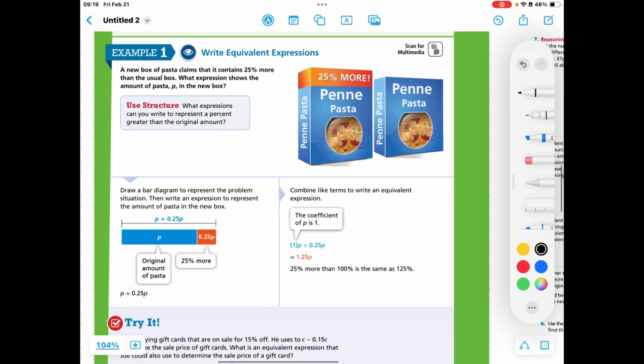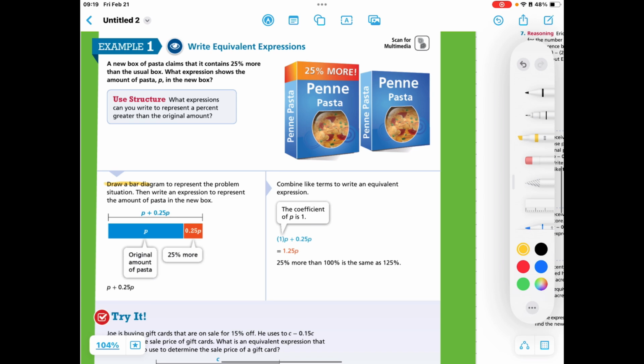So the very first thing that they do is they really love a good visual, which I don't blame them. They start by drawing a bar diagram to represent this problem situation. So this P represents this original amount of pasta. The new box represents 25% more.